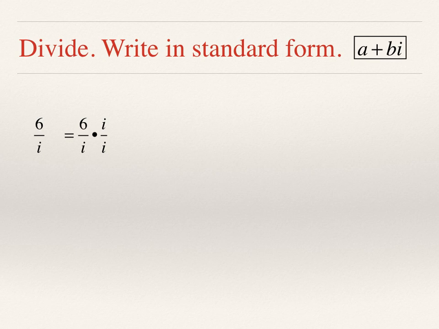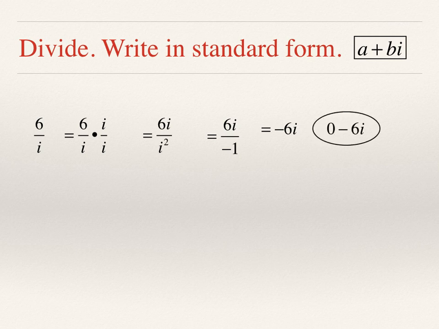The reason for that is that we remember i squared is going to be negative 1. So now I can just divide my 6 and my negative 1. I get negative 6i. To write this as a pure or a true complex number, I want a real part, so I get 0 minus 6i. That's my answer. So that might be the simplest type of example that you'll have.